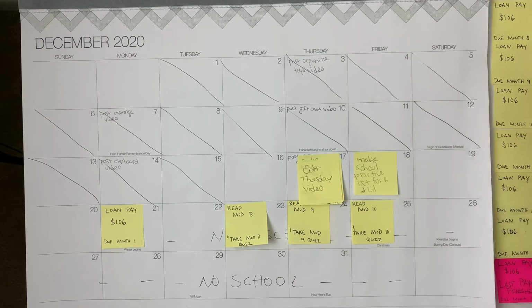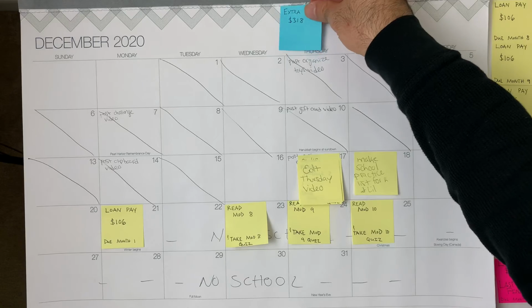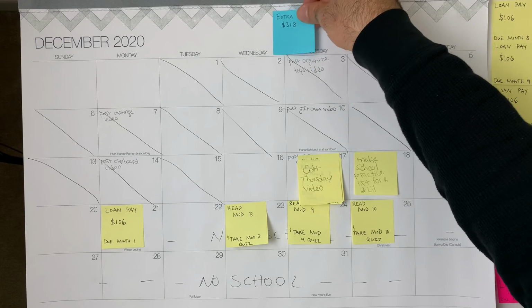It goes to June. This would be July, August, September, October, November, December, and then January of 2022. Ouch.